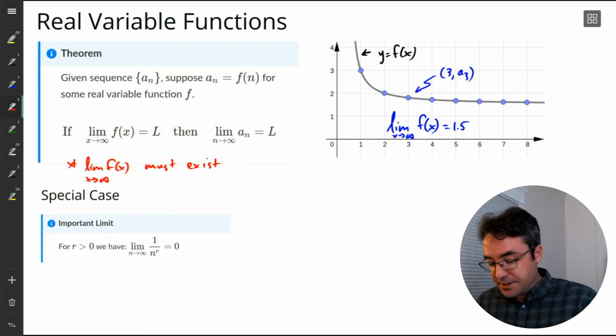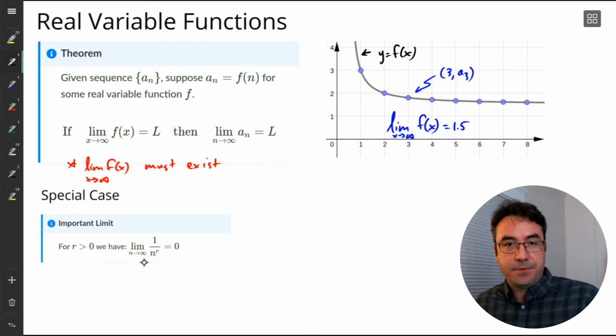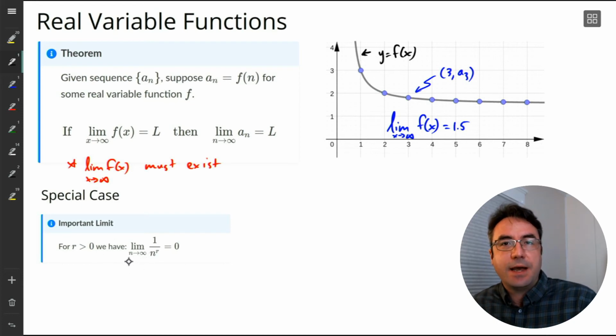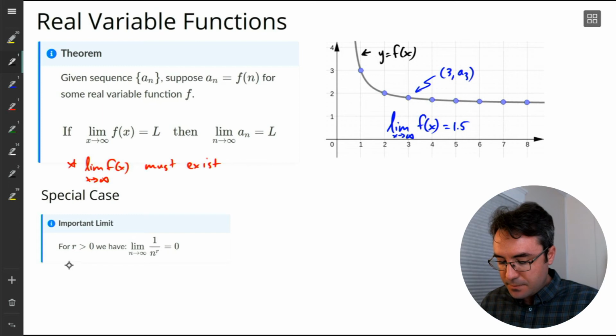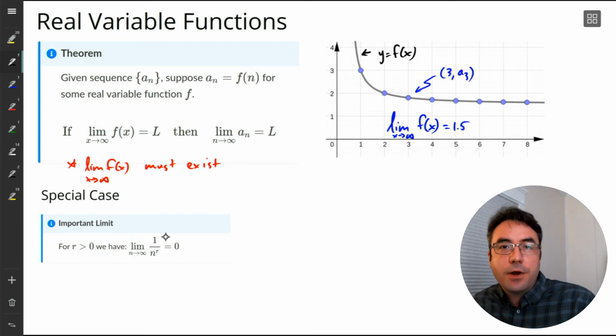So as a special case of this, we have this result here. And this is one we actually just kind of used in the last limit we did. But now let's actually show why this is true. So let's say r is some exponent that's greater than 0. The limit as n approaches infinity of 1 over n raised to the power r, well, that's equal to 0.